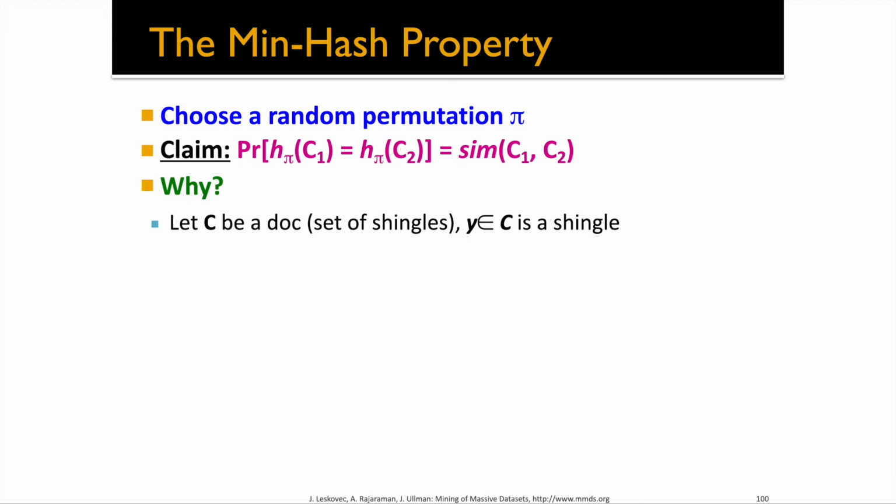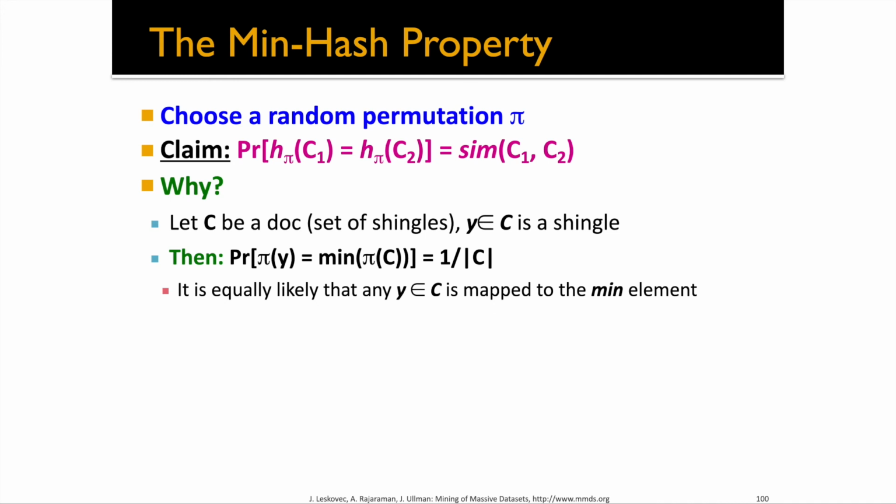We let C be some document, which is a collection of shingles. Y is a particular shingle in this document. Then we can say that the probability of the permuted row of Y being equal to that first time where we see a 1 or a non-zero element in our permuted row is uniformly distributed over all possible rows of our document matrix.